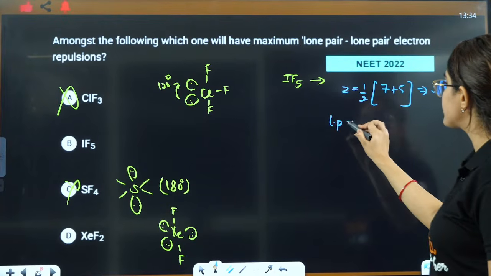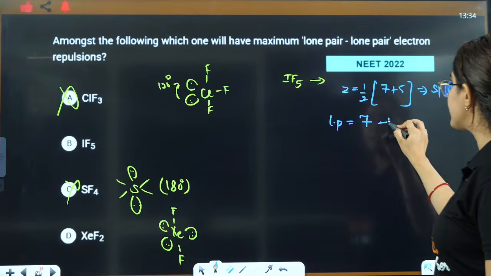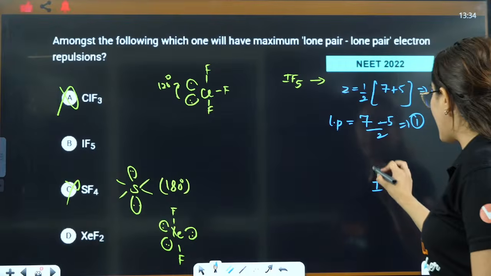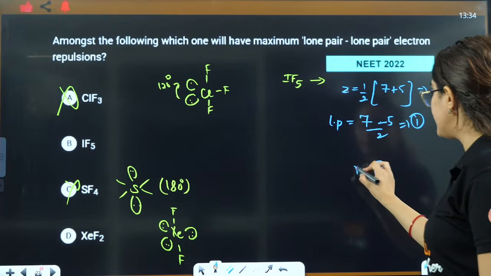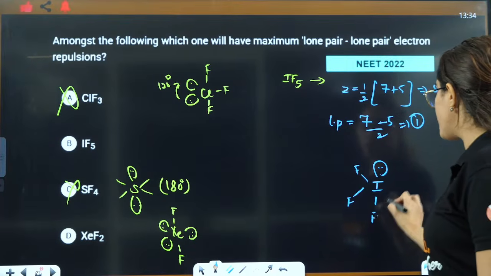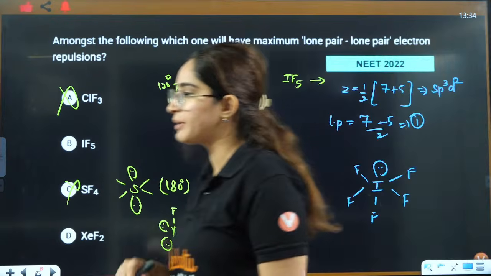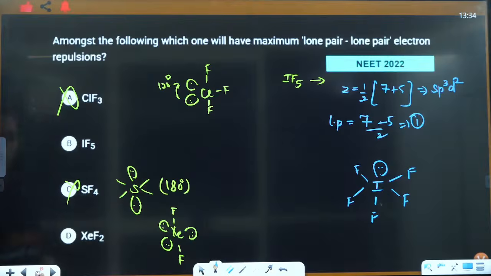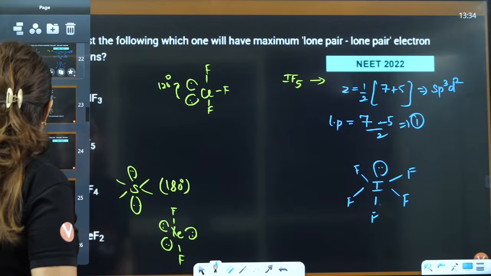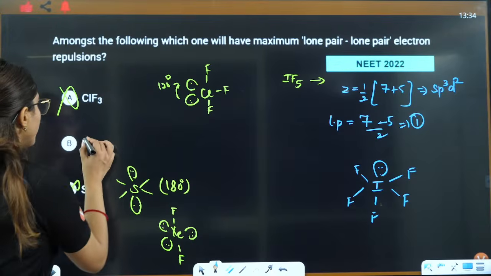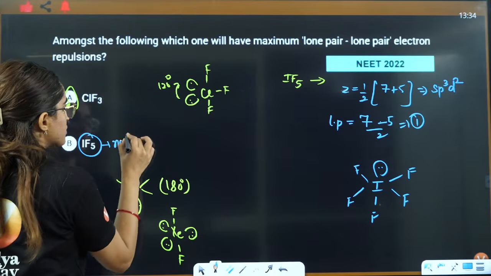Lone pairs: 7 valence minus 5, divided by 2, that means 1 lone pair. So here lone pair electron repulsions are going to be minimum. There is only 1 lone pair here, so no lone pair repulsion.